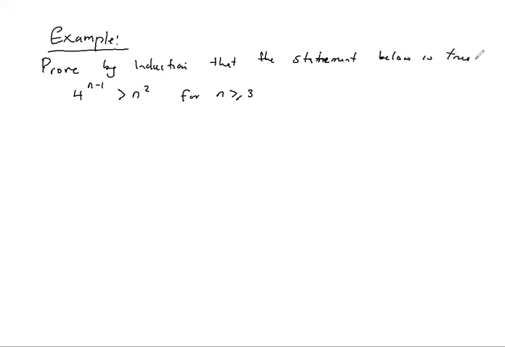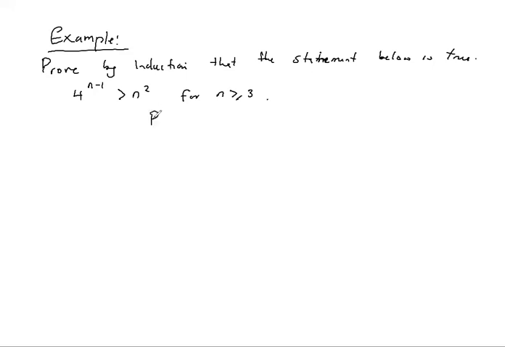So prove by induction that the statement below is true, and this is a statement that 4 to the power n minus 1 is greater than n squared, provided n is greater or equal to 3. So our smallest n is 3.